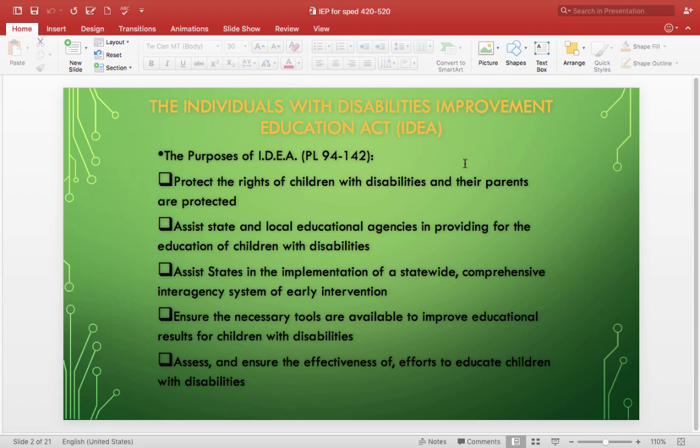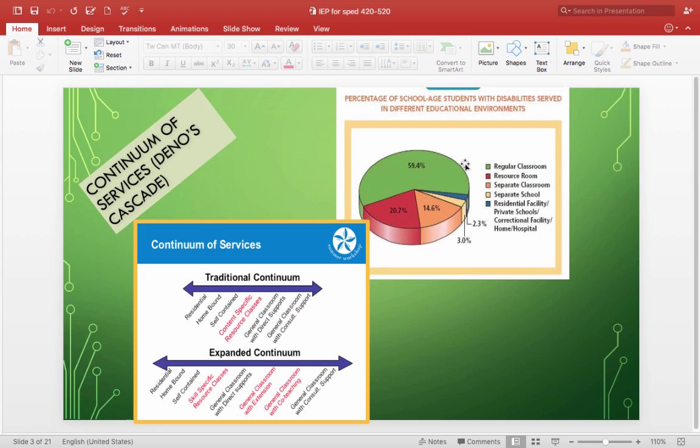So the purpose is to protect the rights of children with disabilities and their parents, assist state and local education agencies in providing for children with disabilities, assist states in implementing a statewide comprehensive interagency system, and to ensure that teachers have the necessary tools to improve educational outcomes, and to assess the effectiveness of the things that we're doing in the classrooms.